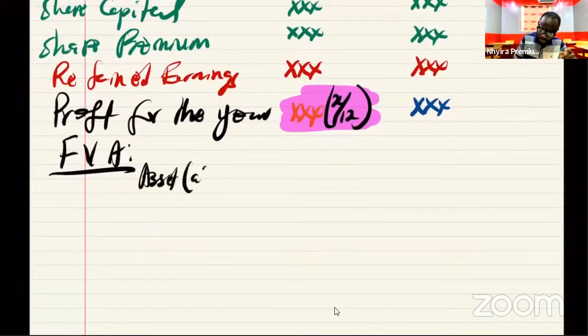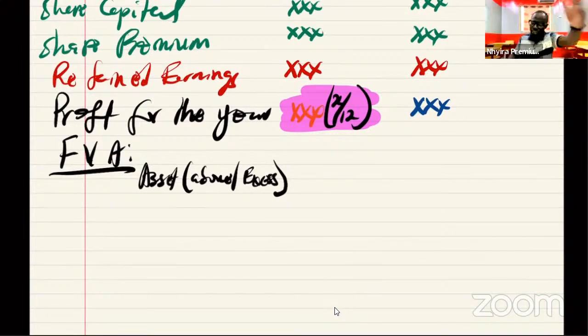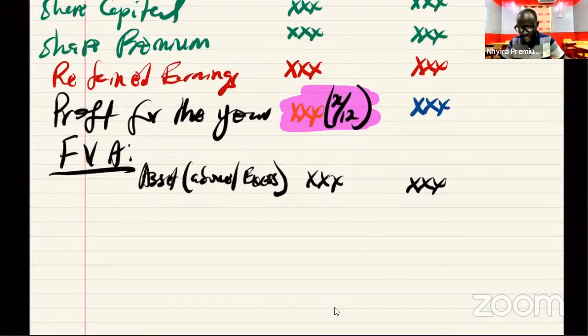and that is above or in excess. So if it is above or in excess, it means they had undervalued their assets. So above or excess, we add it back. But please note, since they had undervalued their assets, it means that for the year under consideration, they've charged depreciation less than how much they should have charged.